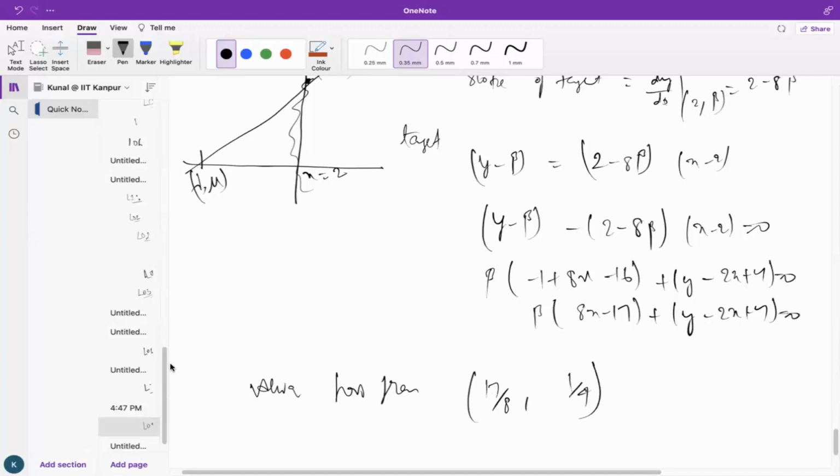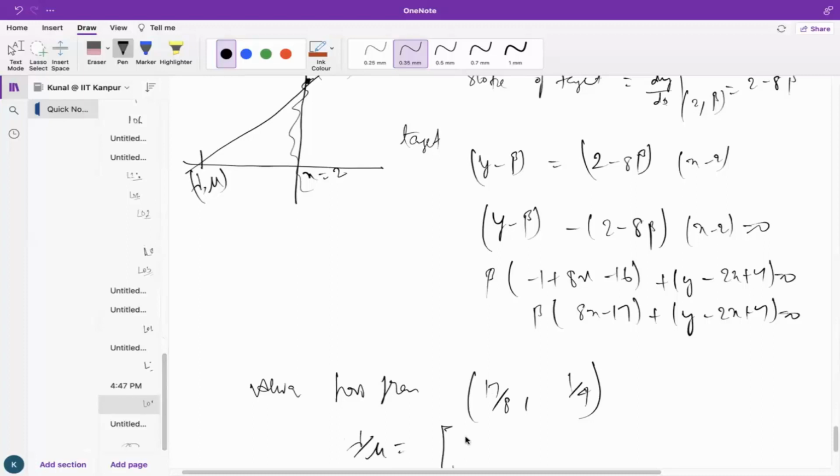So we have to take lambda by mu. The lambda by mu value will be 17 by 2, so the box value is 8 because it takes the integer just below, right?